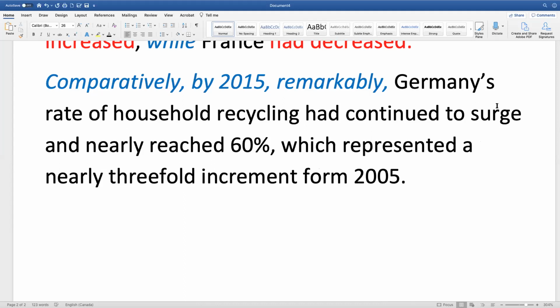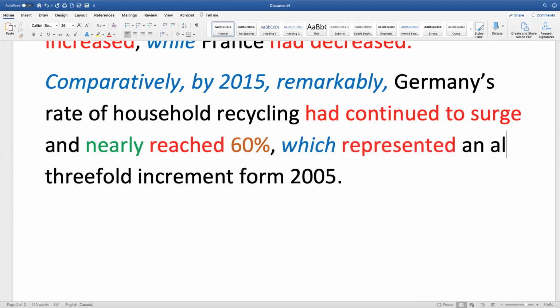Okay. So Germany's rate of household recycling had continued to surge. Surge means increase a lot. And nearly reached 60%, which represented, I want to change this to an almost. Good.